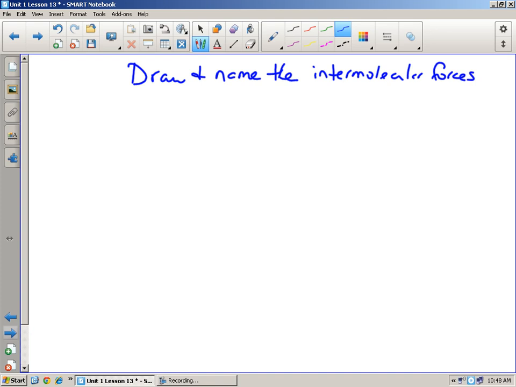I'm going to throw a couple tricky ones in here. So I just want you to, once again, draw them. I do want you to draw them. You don't have to tell me the formula or the name of that formula or the shape or the bond angle or whether they're polar or nonpolar. However, you do have to use polar or nonpolar to tell me what kind of force is involved. Okay? So, here we go.